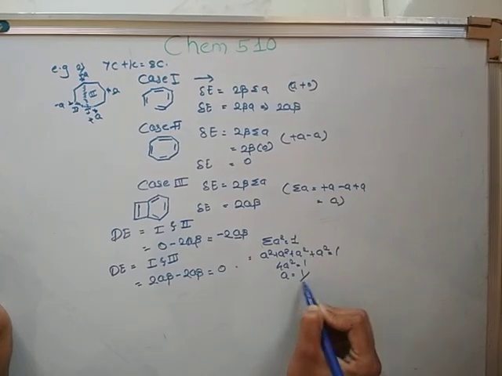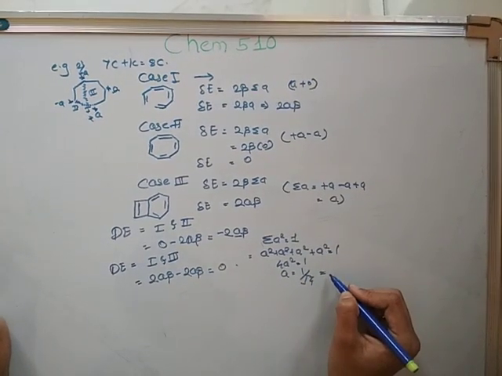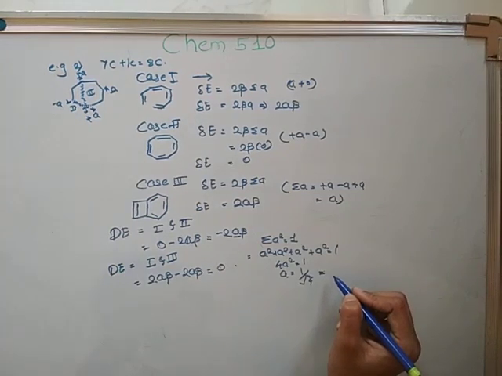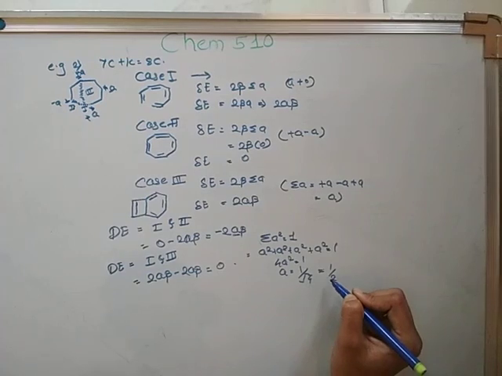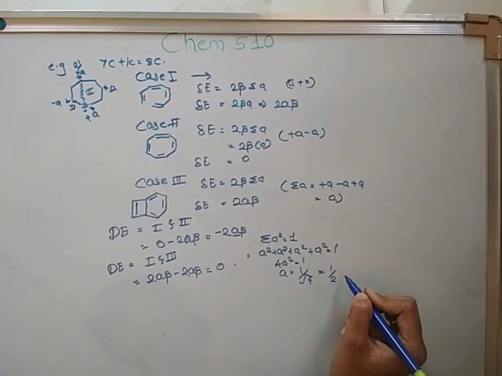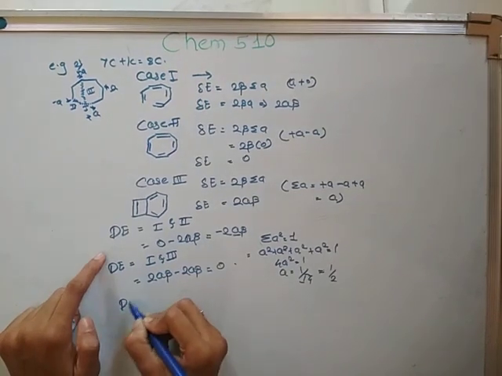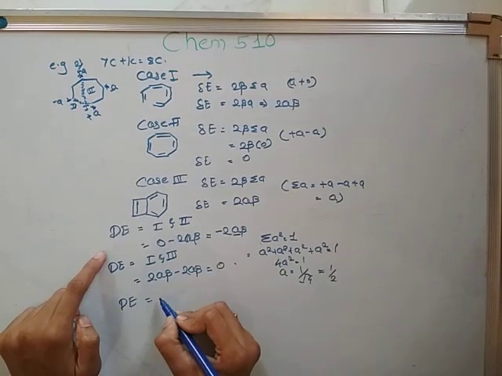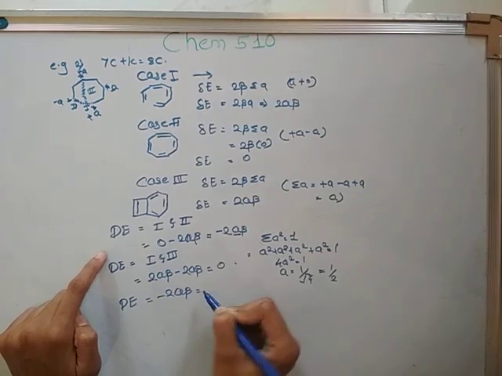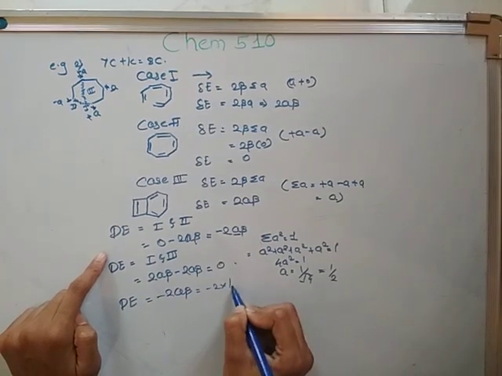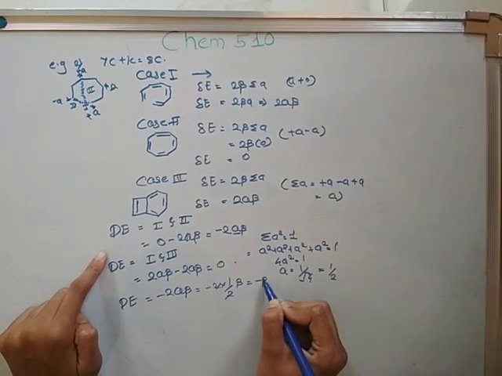A is equal to 1 upon root 4, which is 1 upon 2 or 0.5. Now dE for 1 and 2 is minus 2A beta, which is minus 2 into 1 upon 2 beta, equal to minus beta.